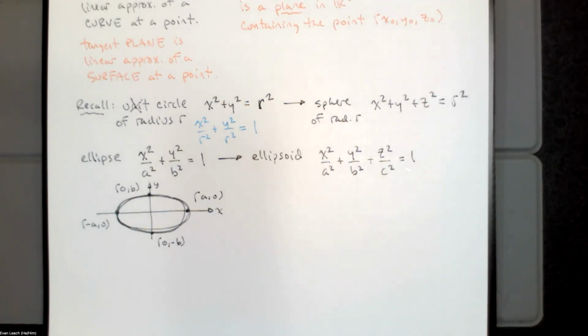In the x plus or minus r, in the y plus or minus r, in the z plus or minus r. For our ellipsoid, we do the same thing we did with our ellipse. Plus or minus a in the x direction, plus or minus b in the y direction, plus or minus c in the z direction.